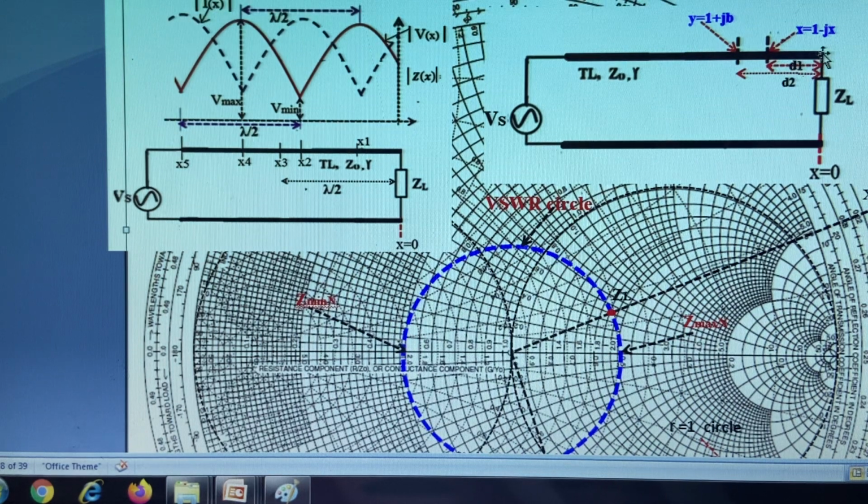As we move over a transmission line, at some positions we come across the maximum value, wherever voltage maxima is there, we come across maximum impedance.